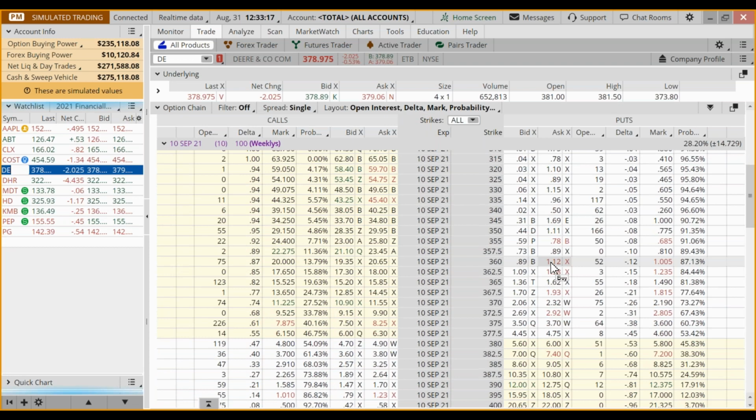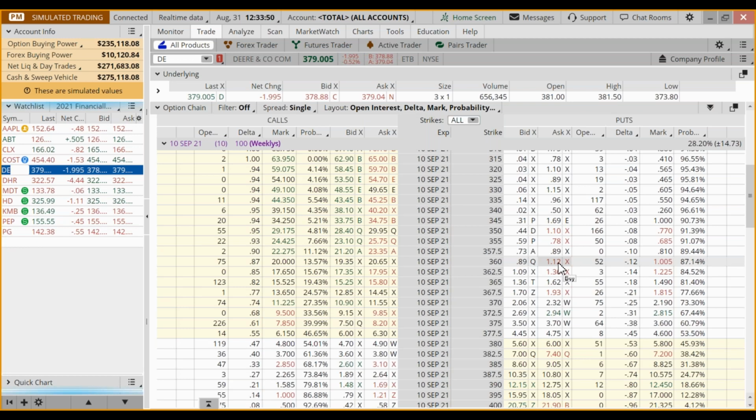I would sell a 350 or buy a 355, and you can see I would get about 30 cents worth of credit. No thank you. I don't want to put on a trade that's got 30 cents worth of credit for a $5 spread. It just doesn't make any sense.